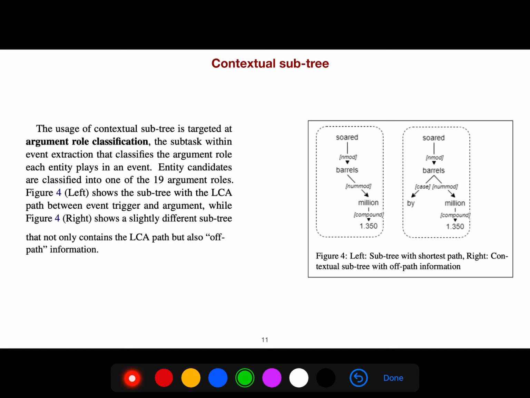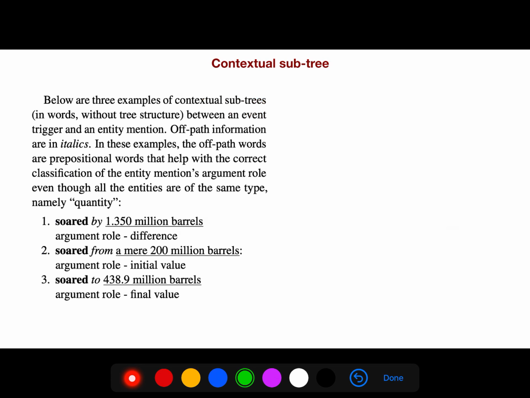So here, the left one shows the subtree with the LCA path between the event trigger and argument, but the right one shows a slightly different subtree that not only contains the LCA path, but also off-path information. So below are 3 examples of contextual subtrees between an event trigger and entity mention.